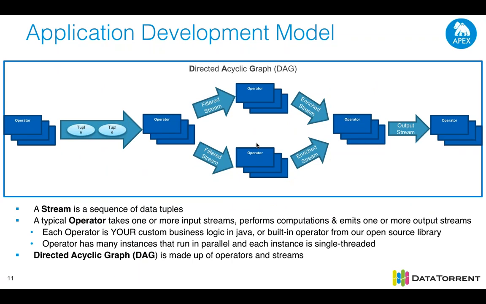So here's the application development model. Here you have a sample application that's composed of 6 operators. You have a first operator, which is the input operator, and it's feeding data to a downstream operator.